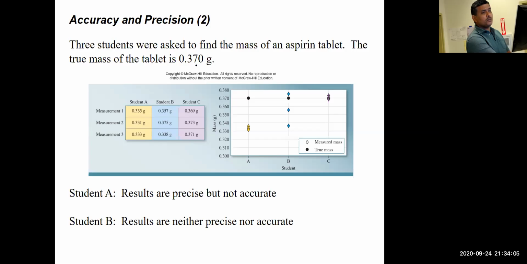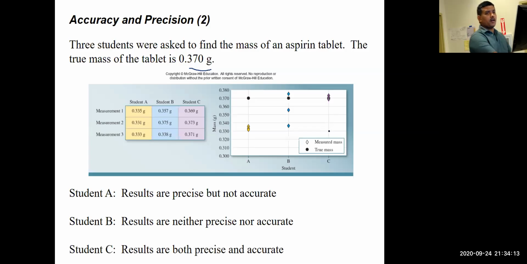They look pretty close to the expected value of 0.370, so you can say they were both accurate and precise. That's all you need to know about accuracy and precision. That's all for part 3 of this lecture, and I'll see you again in part 4. Remember, this lecture is very important, not just for this chapter, but for the entire year of general chemistry.